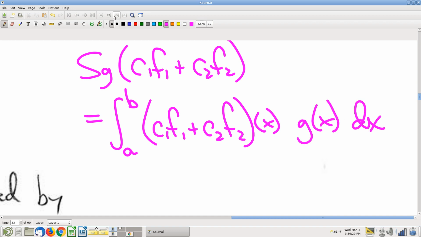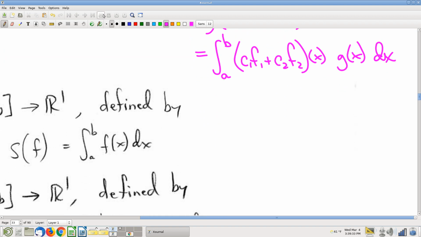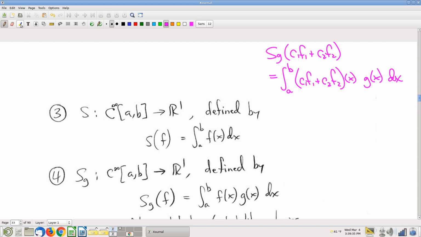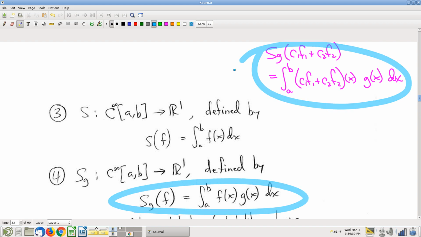Now, before we go on, let me recognize that is the formula. All I've done here is take this formula and plug it in. Integral of function times g of x dx. Everybody good so far?